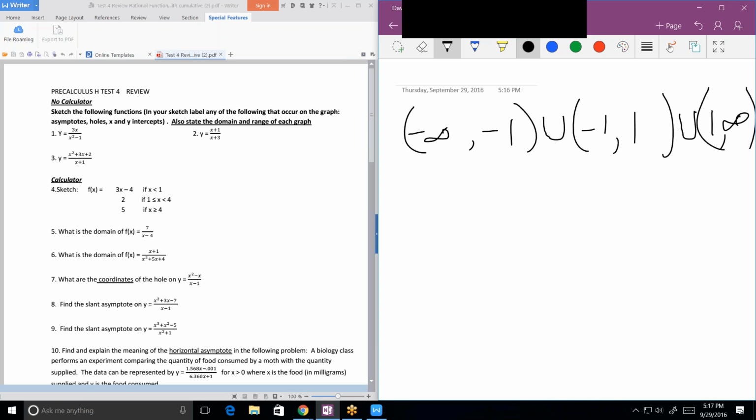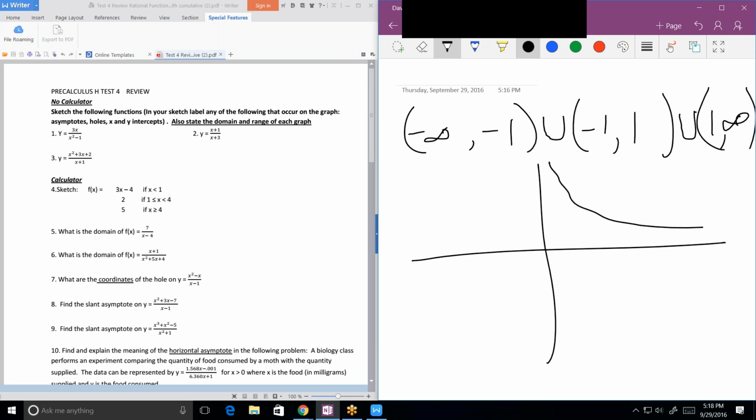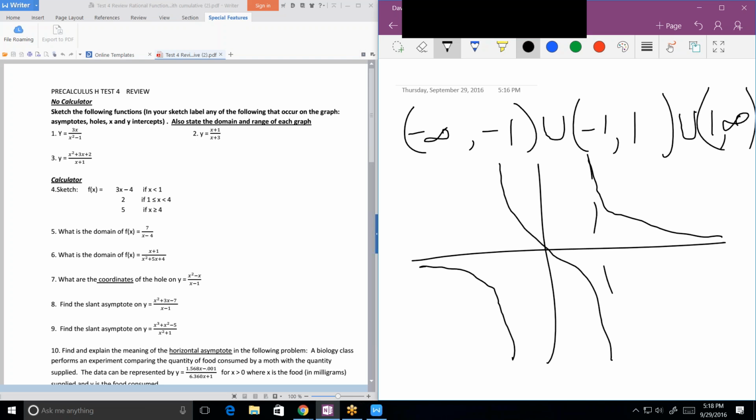Now the range on number 1. If you'll remember what the graph looked like on number 1, it kind of looked like this. Looked like this. And in the middle we had something like that, right? We have vertical asymptotes here and here.